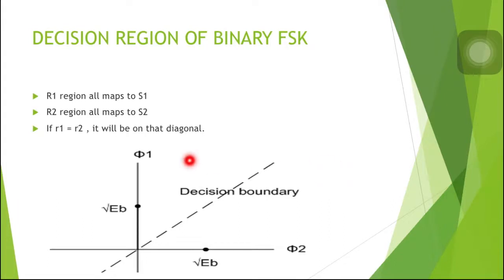This is all what I have said earlier: the R1 region all maps to S1. If something comes in this region, it comes to S1. The R2 region all maps to S2. And if R1 and R2 are the same, it will be on that diagonal.